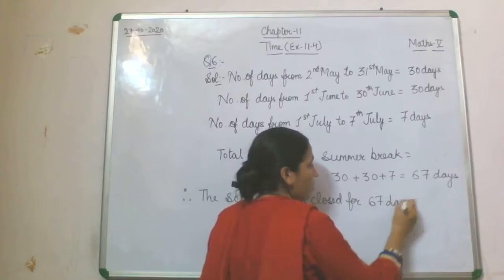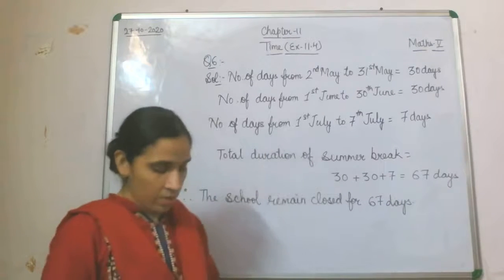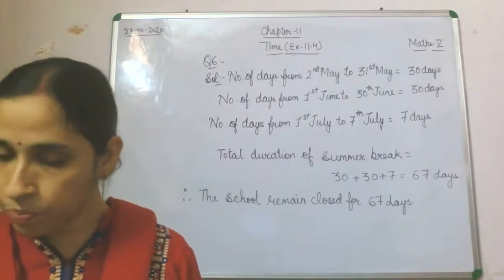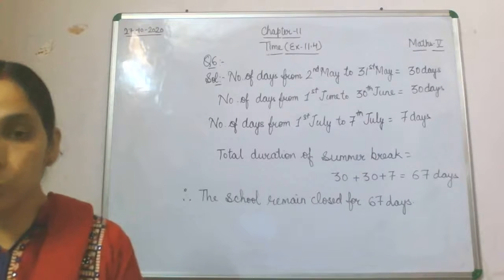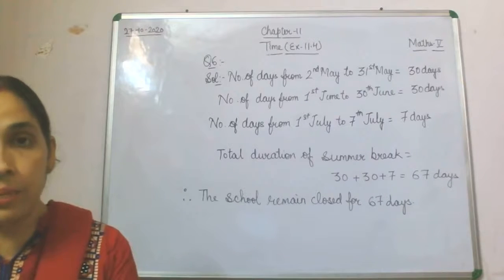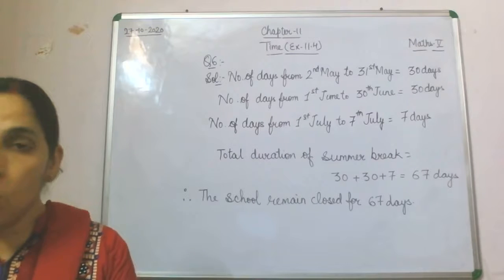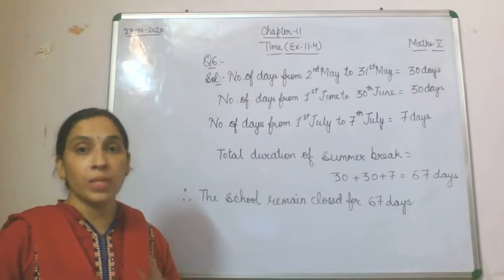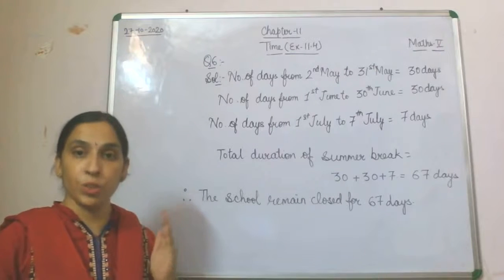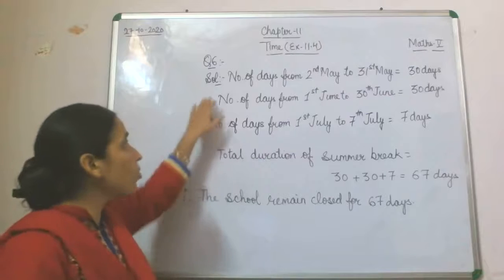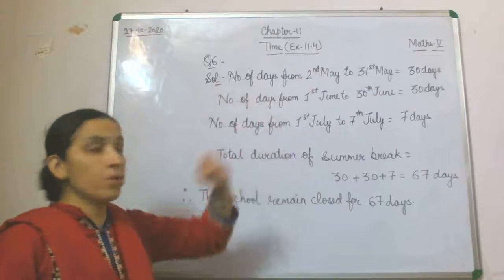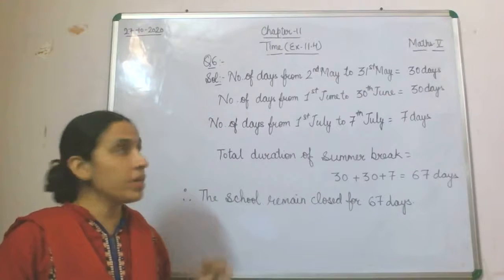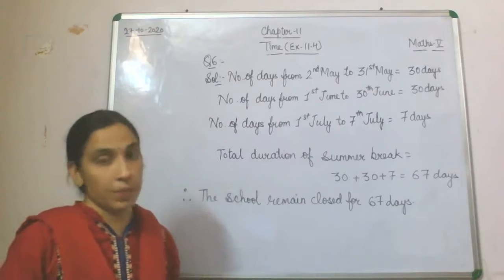This is your question. Question 6 is that one only: a school closed for summer vacation on 2nd May and reopened on 8th of July. In this question three months are included: May, June and July. The vacation begins on 2nd of May, so we find the number of days in May from 2nd May to 31st May.